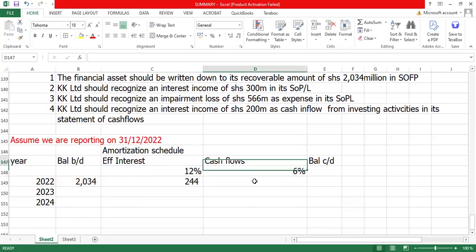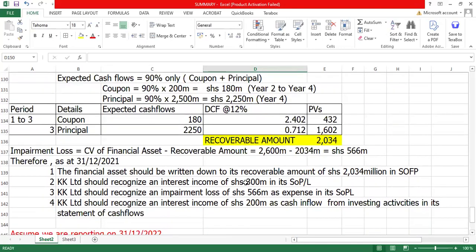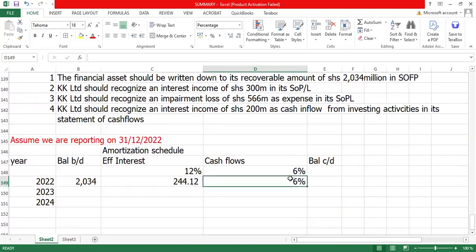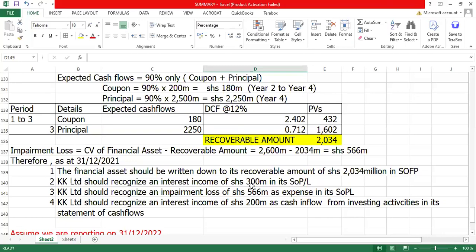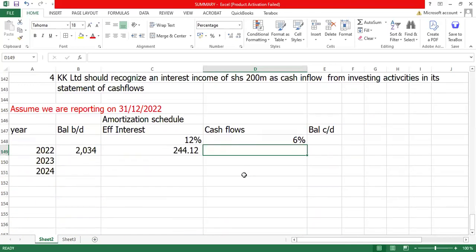Then as you get your cash inflows here, what do you expect? It's no longer 200 per year. For the remaining periods, you expect only 180. That's what you put here.